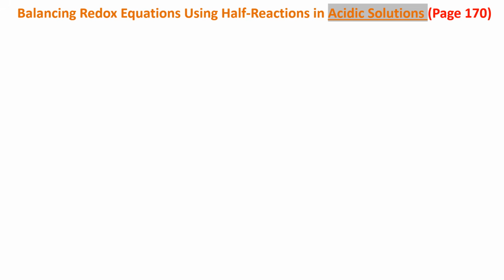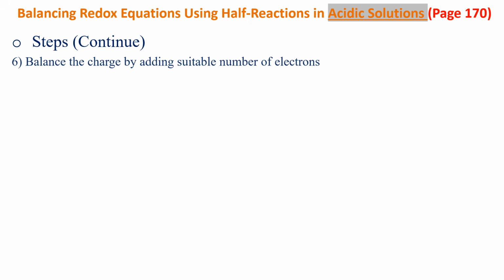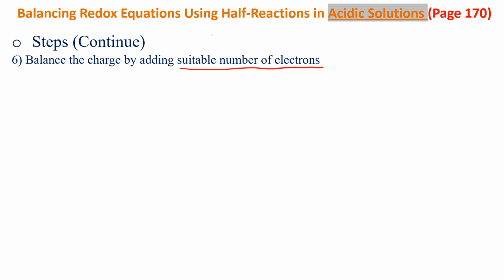Now, let's continue. So we stopped in step 5. After that, balance the charge by adding a suitable number of electrons. Remember, for example, if you have A+ gives me A, this is of course a reduction, right? Because it was positive 1 and became 0, the oxidation number decreased. We need to balance the charges. What does balance the charge mean? It means the charge in the reactants must equal the charge in the products.